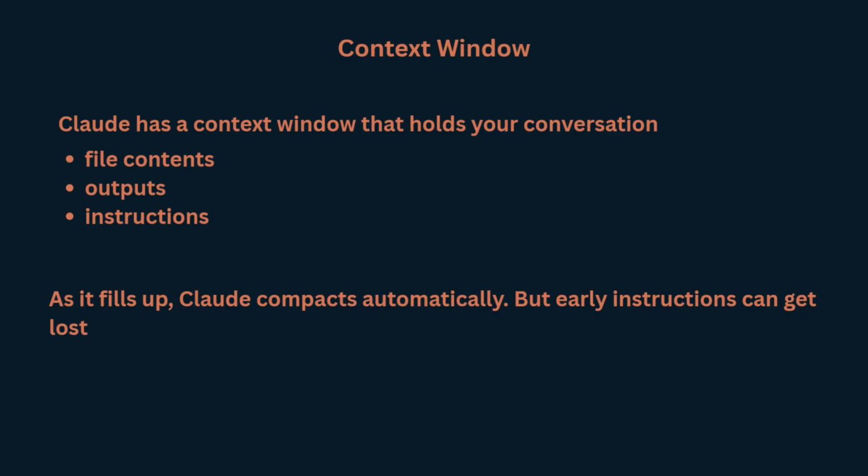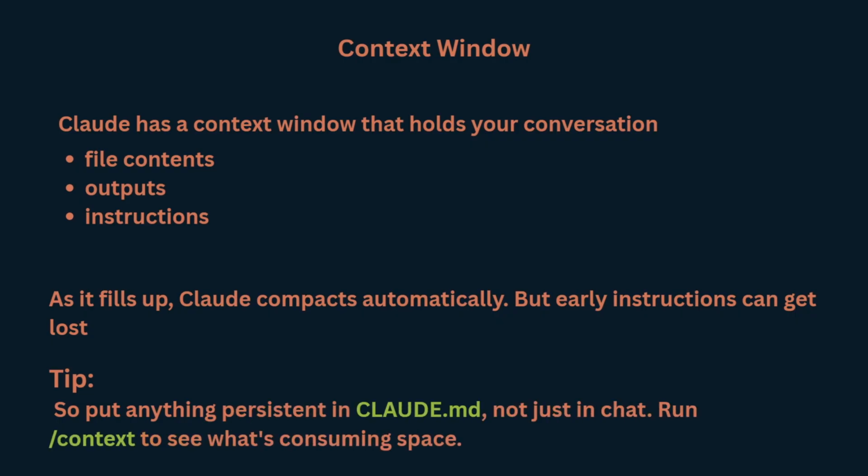So in order to make sure that your instructions do not get lost, you have to put your instructions in Claude.md. Having a conversation is fine, but if there are some rules that you want your project to have at all cost, put them in Claude.md and they will never get lost. And if you want to see how much space your context is taking, you can always run /context in your Claude Code terminal and it tells you the exact details about it.